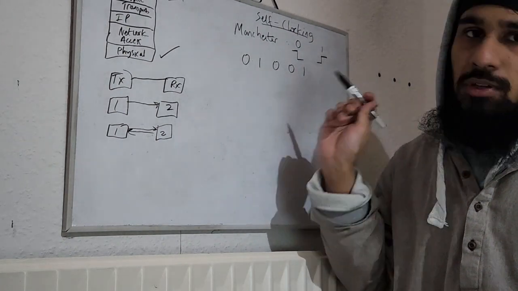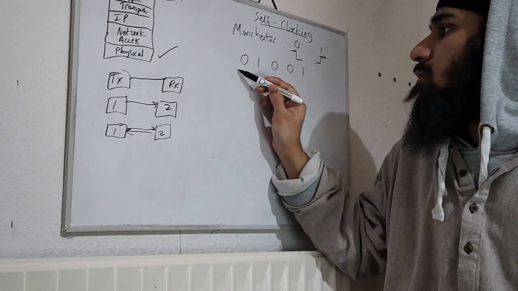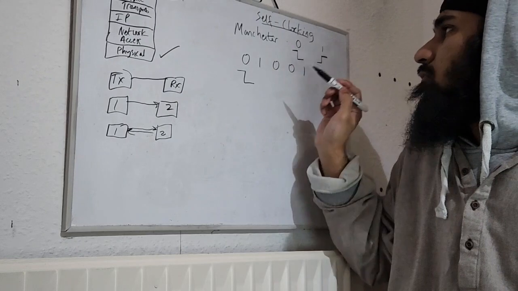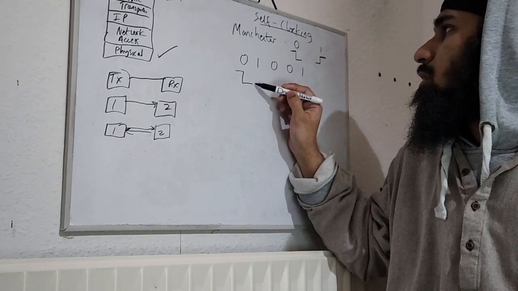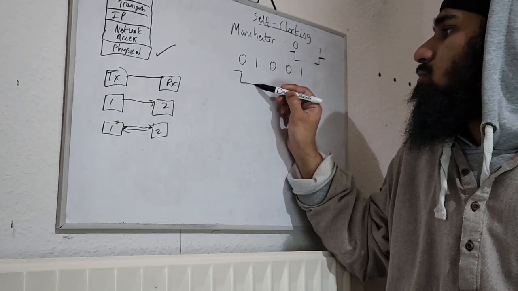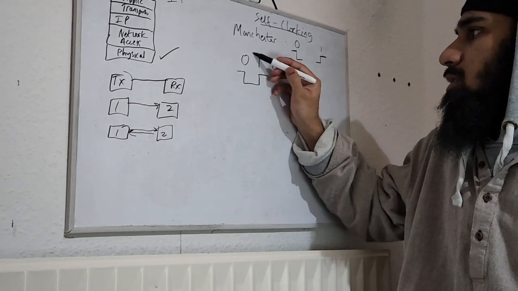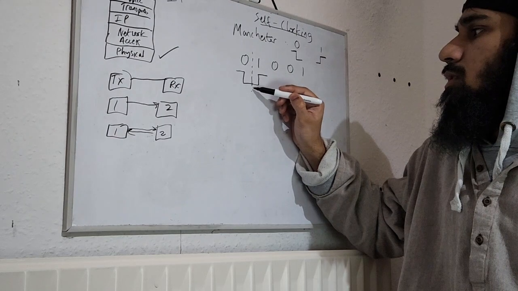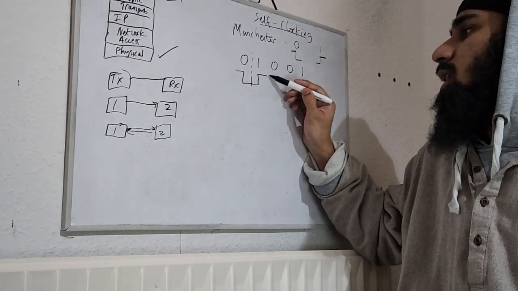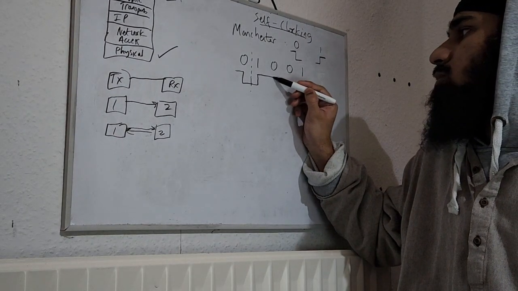When you're sending a 0, it goes from high to a low, and for a 1, it goes from low to a high. You see it's changing in the middle.